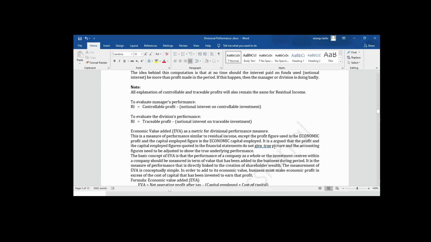Now, to round up this, to evaluate manager's performance, if you are required to evaluate manager performance using residual income, you are going to adjust this. This is equal to controllable profit. We can simplify this. Minus notional interest on controllable investments.